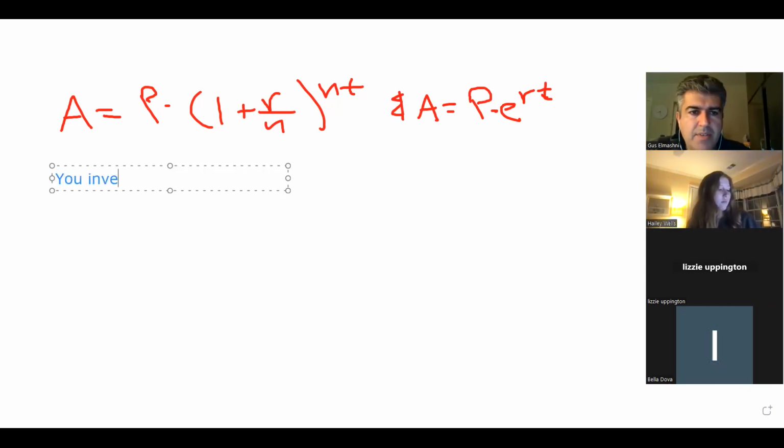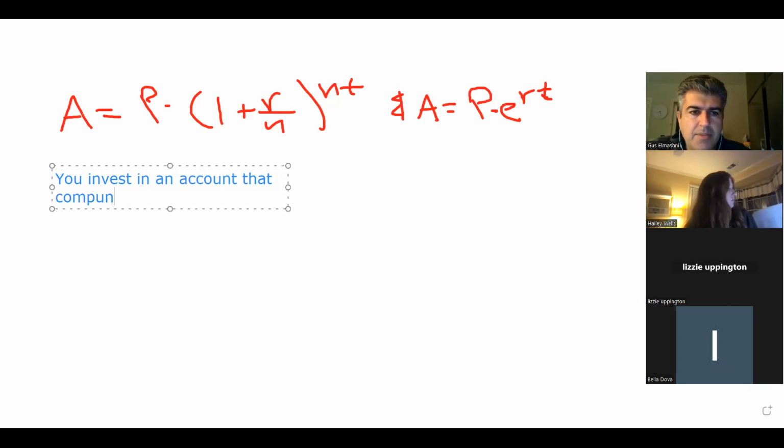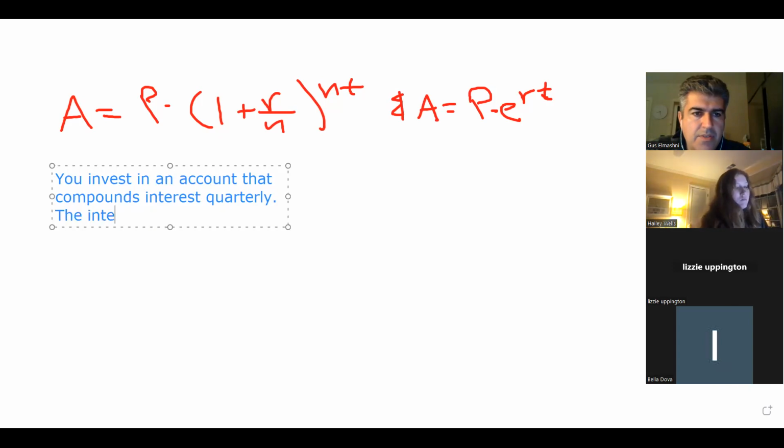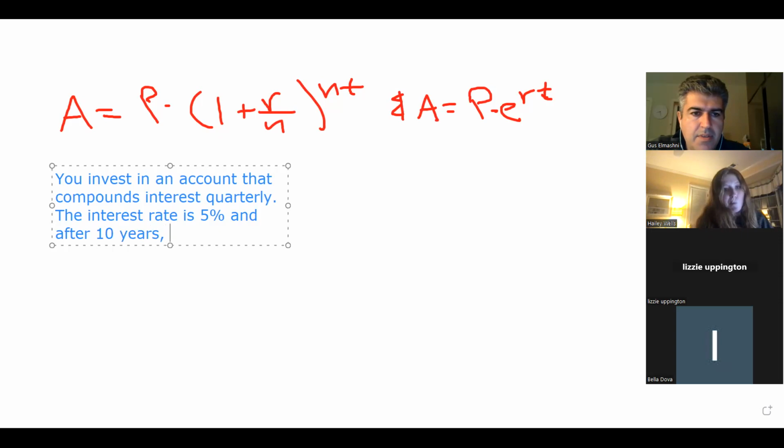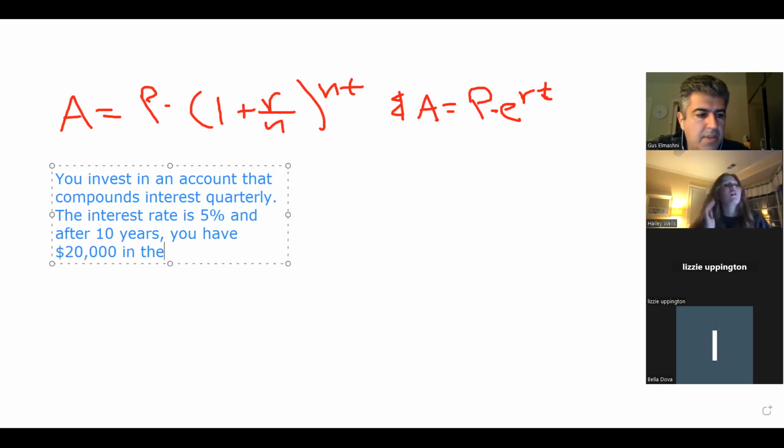You invest in an account that compounds interest quarterly. The interest rate is 5%. And after 10 years, you have $20,000 in the account.